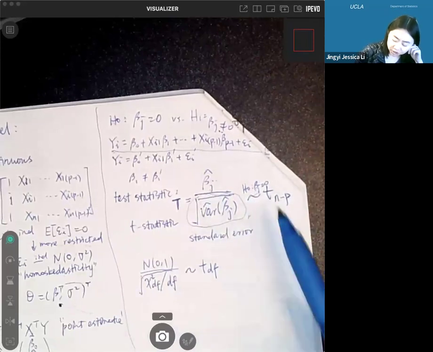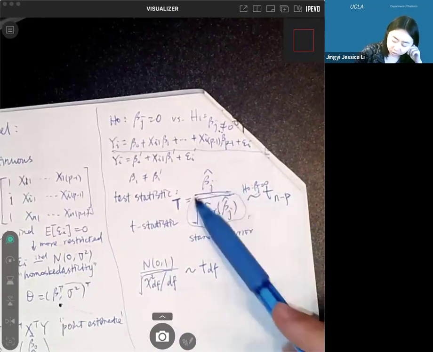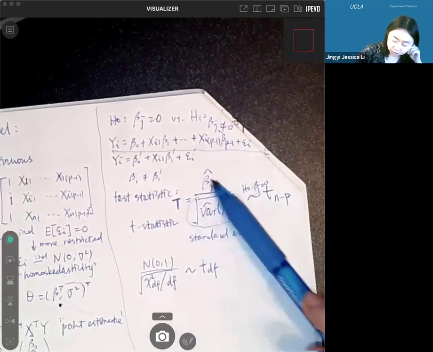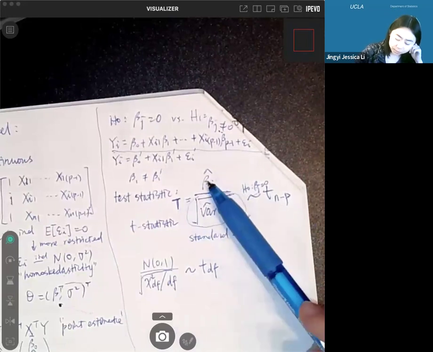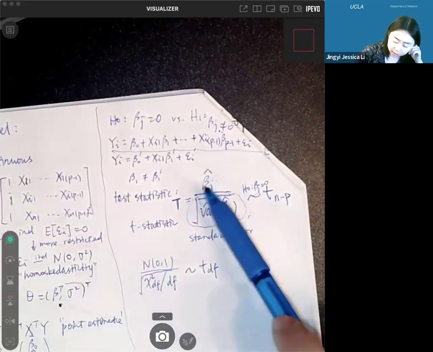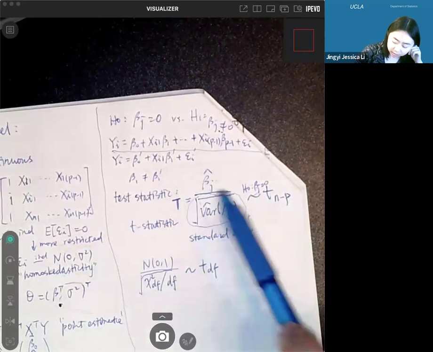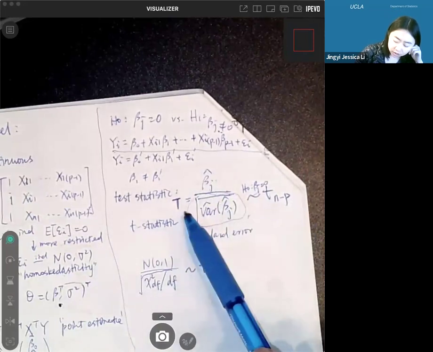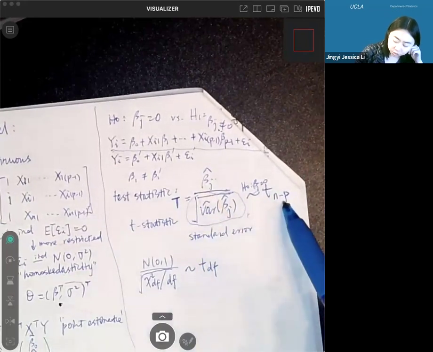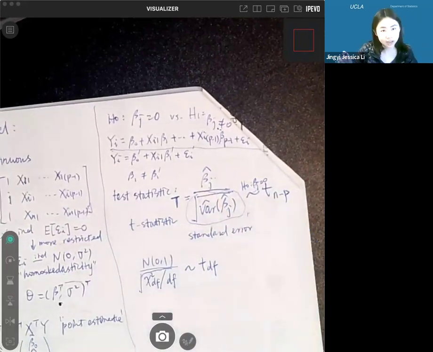It's based on the observed value of the t-statistic from our data, right? We put our data in to compute beta hat j and this denominator, then we get a value for the t-statistic. We put that value into the t-distribution to get the two tail probabilities, add them up, and that's the p-value.